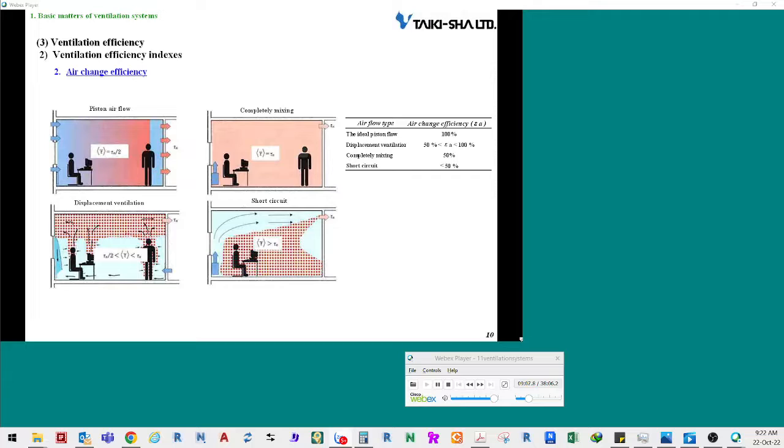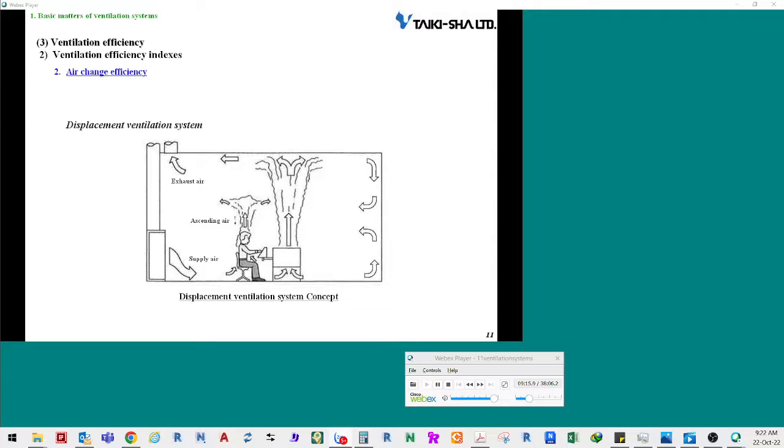I will explain the displacement ventilation system shown in the lower left drawing. The displacement ventilation system uses the ventilation power caused by the difference of temperatures of the air.